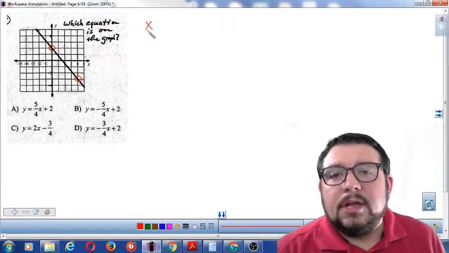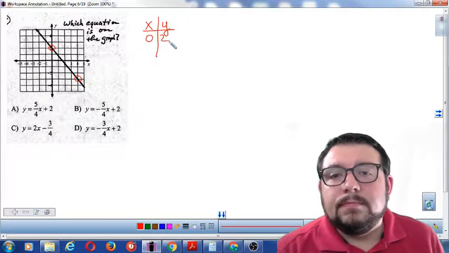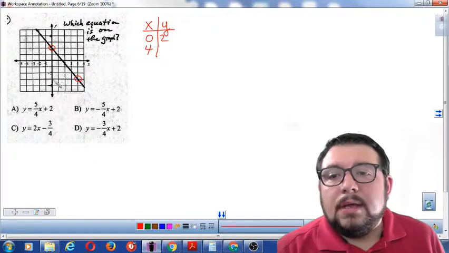So let's make a little grid of x's and y's. Now to confirm a line, you need 2 points. So this one, the x is 0, and the y value is 2. And on our second value, we're going to have the x being 4 and the y being -3.